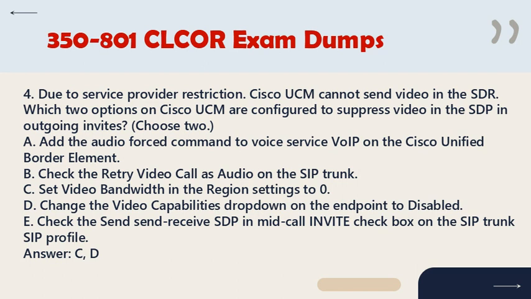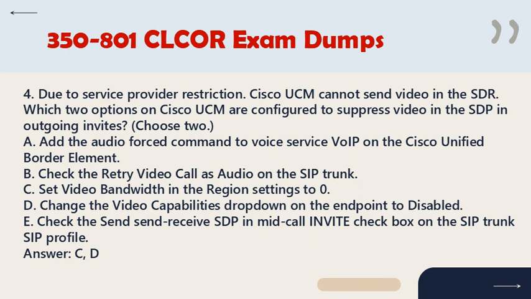4. Due to service provider restriction, Cisco UCM cannot send video in the SDP. Which two options on Cisco UCM are configured to suppress video in the SDP in outgoing invites? Choose 2. A. Add the audio forced command to voice service VoIP on the Cisco Unified Border Element.